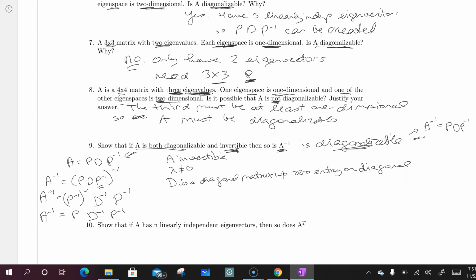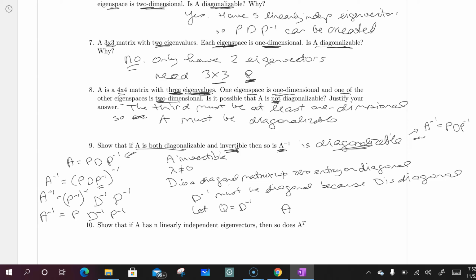So, don't I have it? I know that D inverse must be diagonal because D is diagonal. So here I have it. Let's just pick a different letter, let Q equal D inverse.